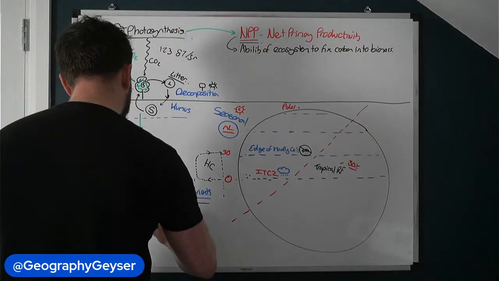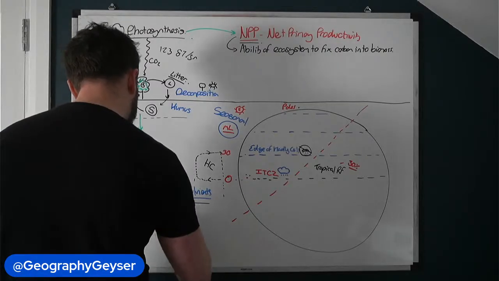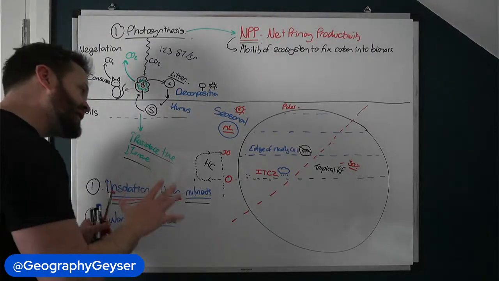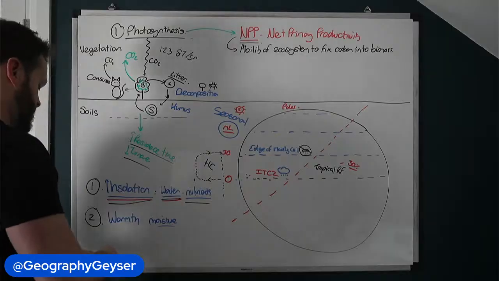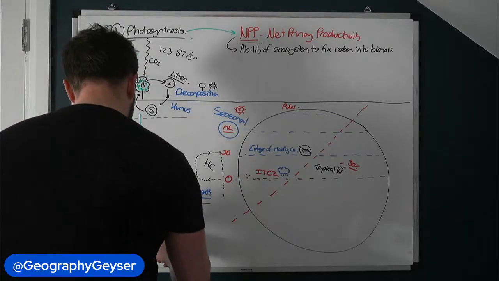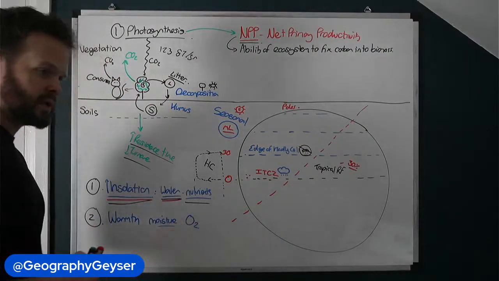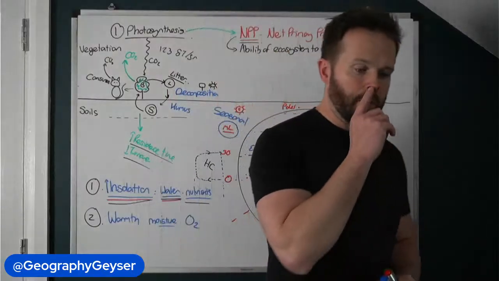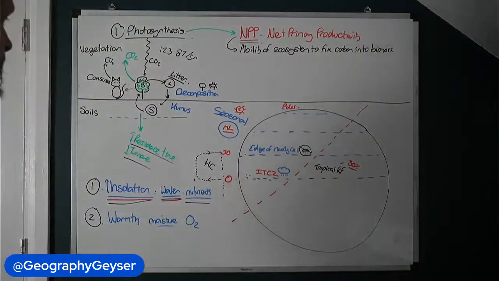You don't necessarily say water, but you do say moisture. And we'll come back to that because there's a slight catch with moisture. And you also need oxygen as well. So it differs slightly from photosynthesis, but it's really important that you know these conditions.